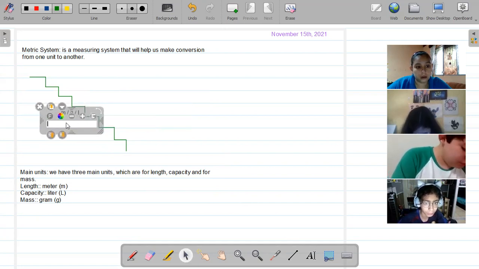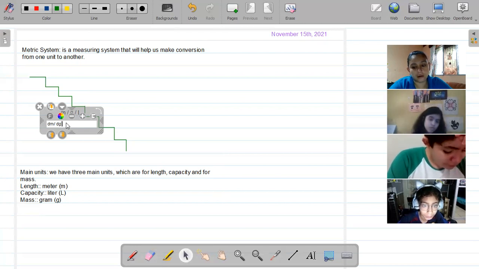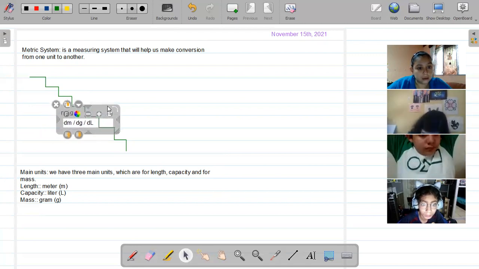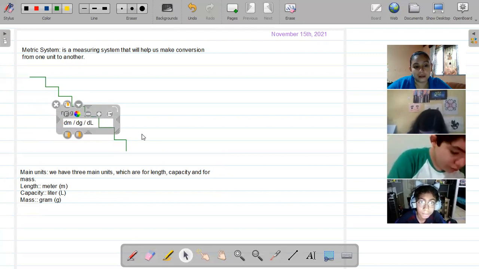Now the next ones are decimeters, decigrams, and deciliters. We're going to do it in order. So the second stair going down is decimeters, decigrams, deciliters.